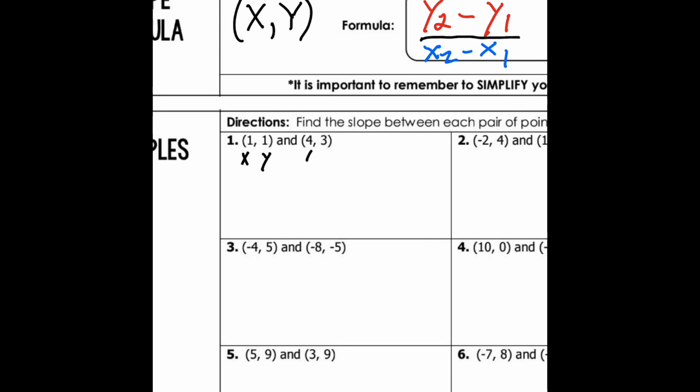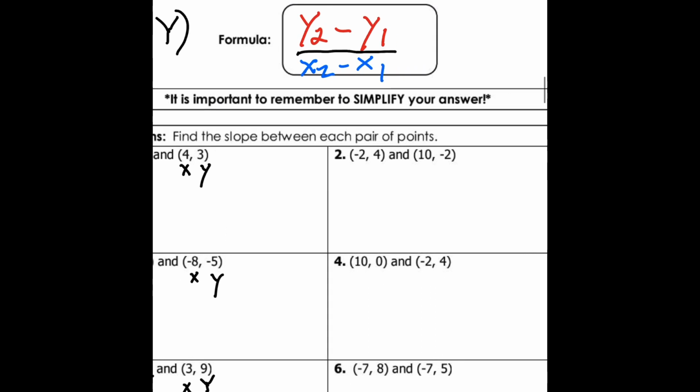The first number is an x, the second number is a y. So x and y, I'm not putting any numbers on it yet. I'm just going to go through and I'm going to label everything. X, y, x, y, x, y, x, y, right? I'm going to go through my whole worksheet here and I'm going to label all my points.